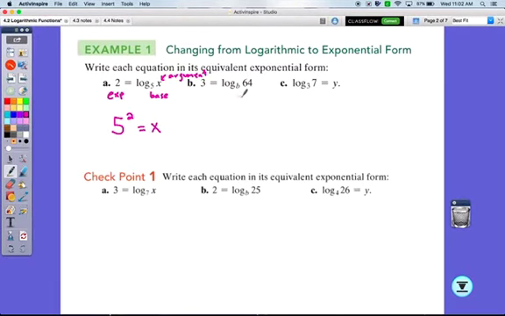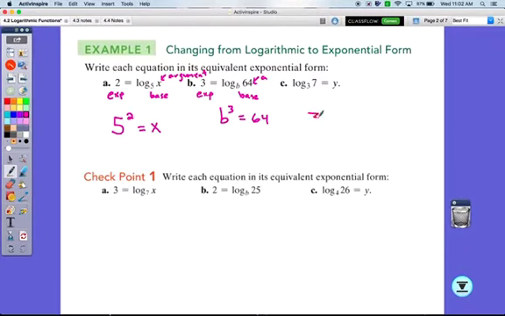Let's do this one. Same thing, I look at the base. The base is b. Your exponent is the number by itself, so b to the third is equal to our answer, or argument, over here, so 64. For the next one, c, the log is on the opposite side of the equal sign, but it's the same thing.